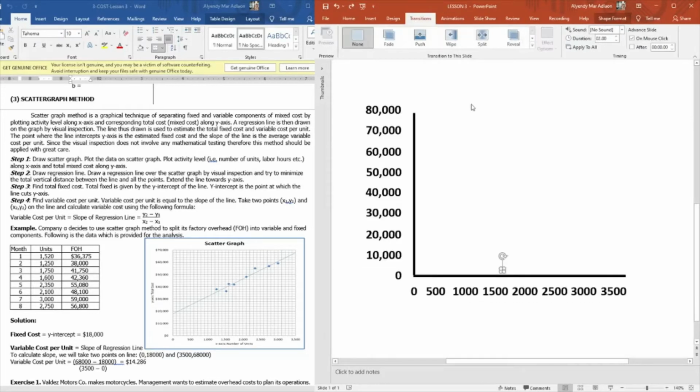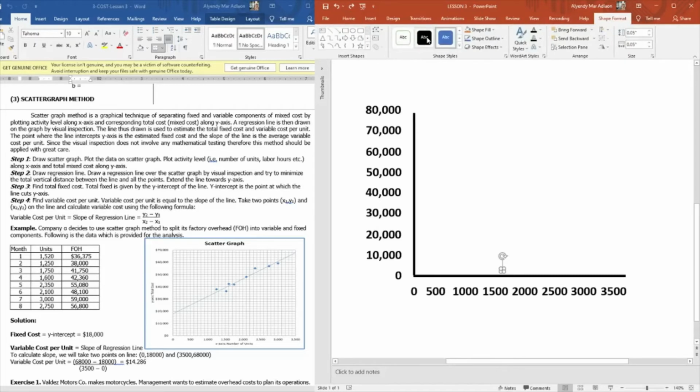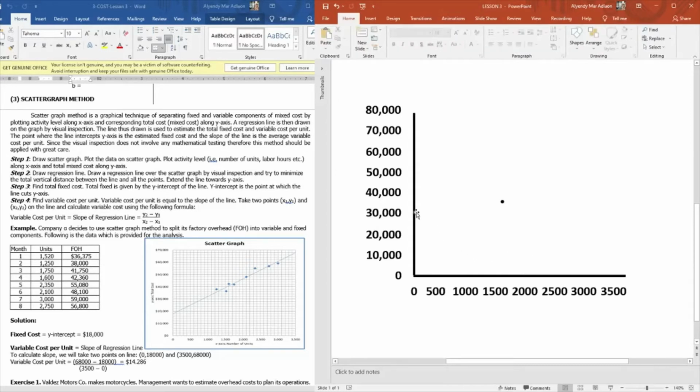And 36,375 is somewhere in the middle of 30,000 and 40,000. Let me just put this one here. So that is the point for month 1.